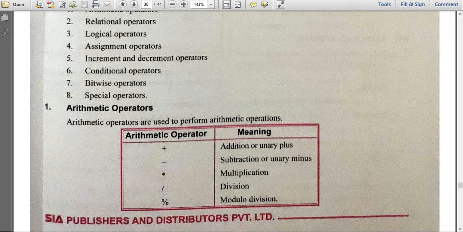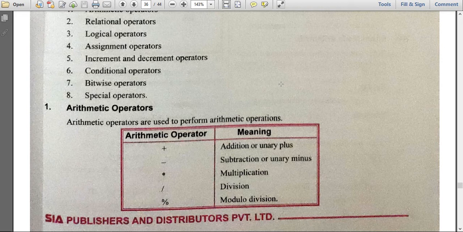If I use the division operator, will I get the quotient value or the remainder value? Quotient.